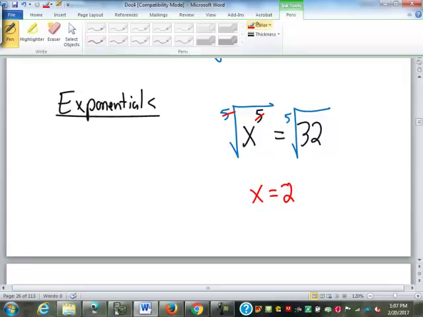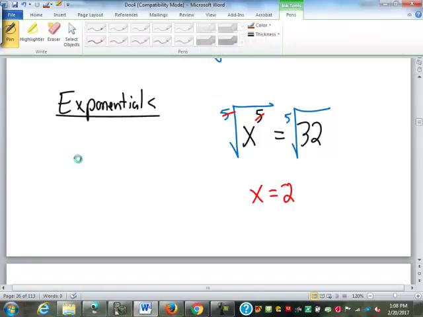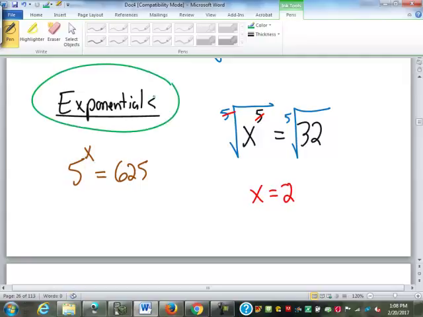Well, what if instead of x to the fifth equals 32, we've got 5 to the power of x equals 625? We're taking a number to the power of our variable. Well, this is what we call an exponential, where the variable is the power. It is in the power, we should say, because there might be more there.